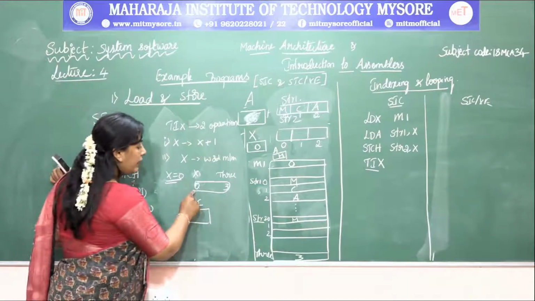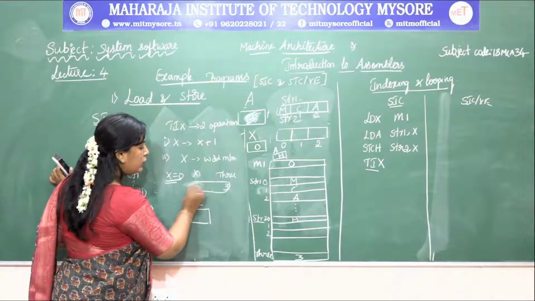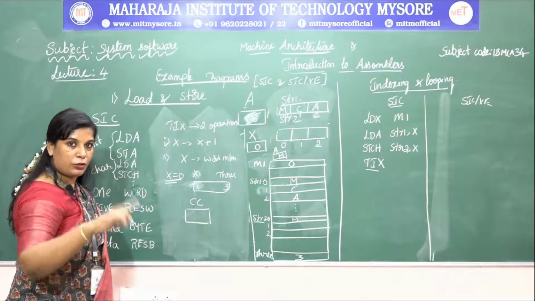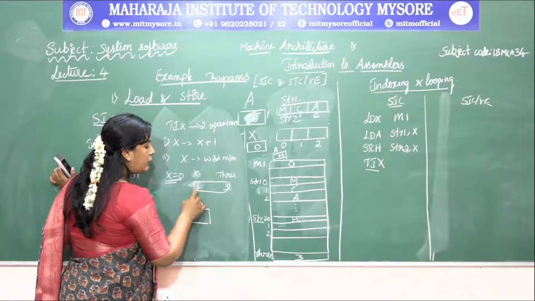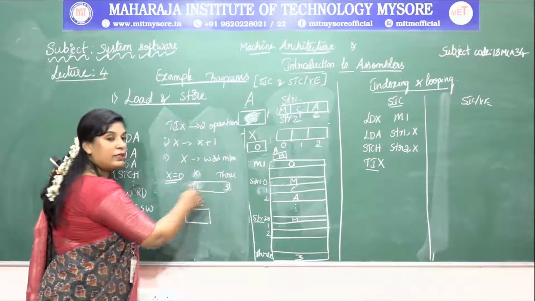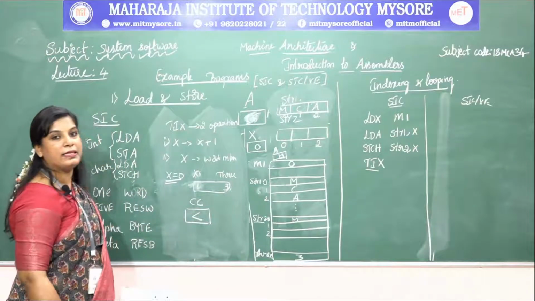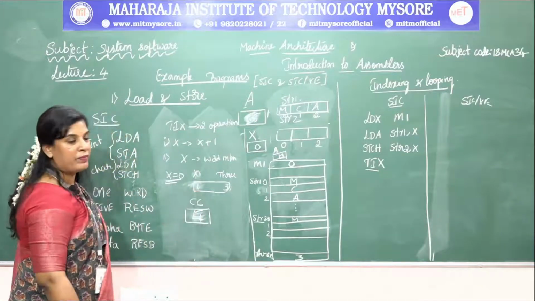First it increments the index register value from 0 to 1. When it compares these two values, the index register value is less than 3. So it sets the condition code flag bit to LT, that is less than.